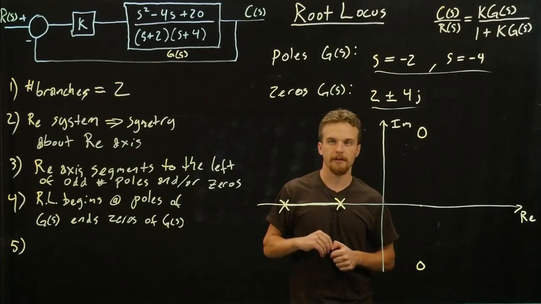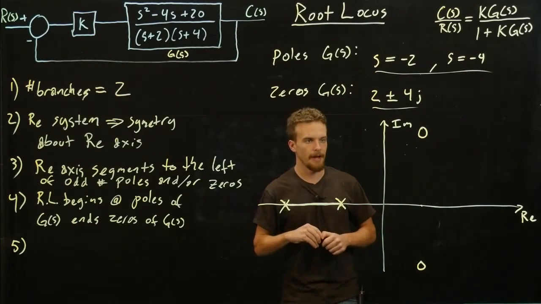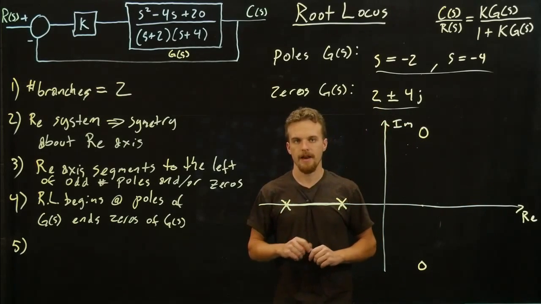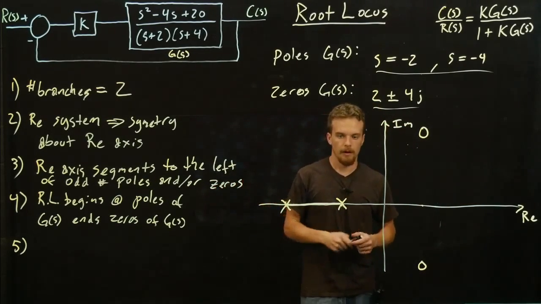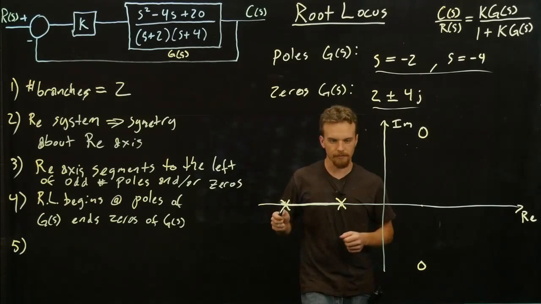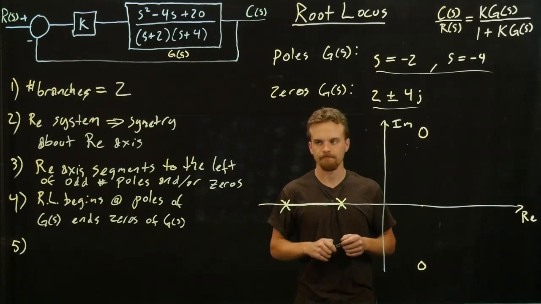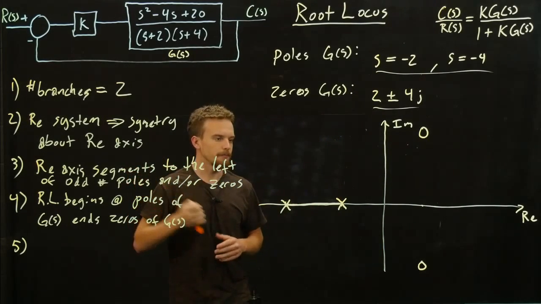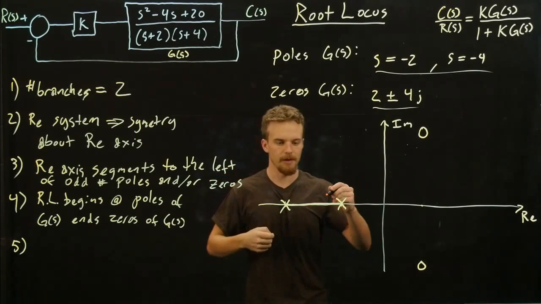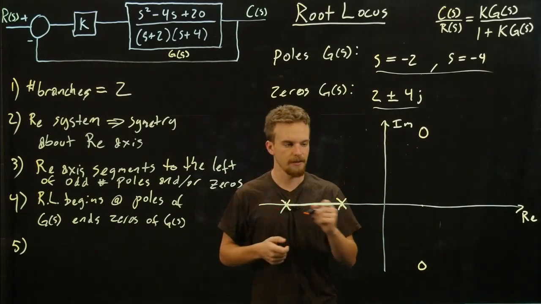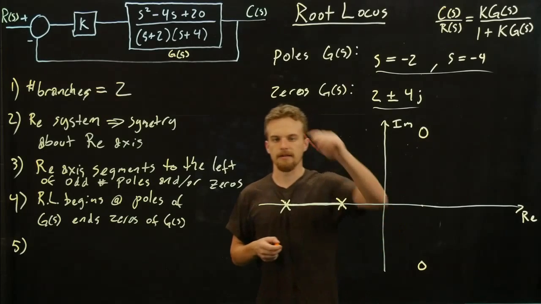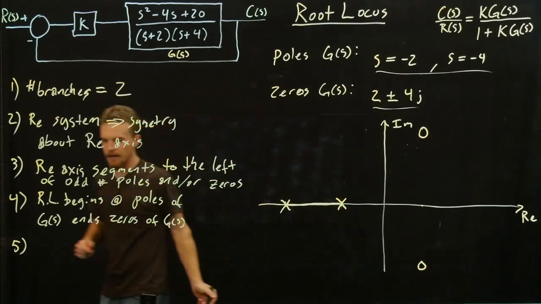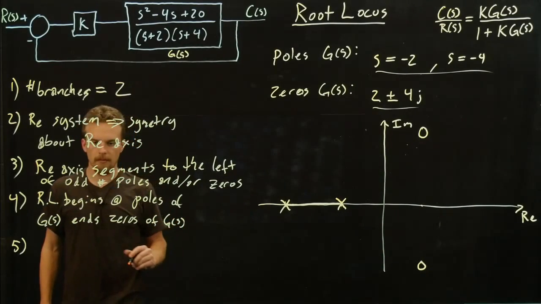And some of those paths, the ones that don't have zeros to match up with in the plane here, would tend out to infinity. They would tend to some asymptote as they move out to infinity. And that asymptote would just be a line that starts somewhere on the real axis and heads off in some angular direction, right?